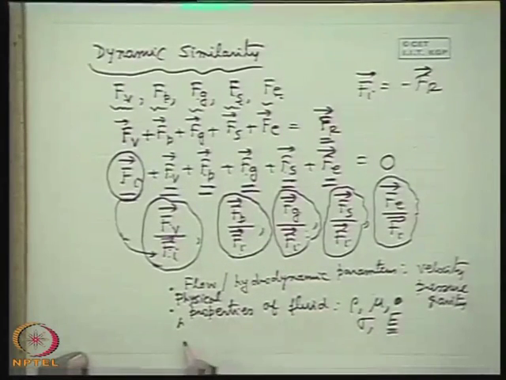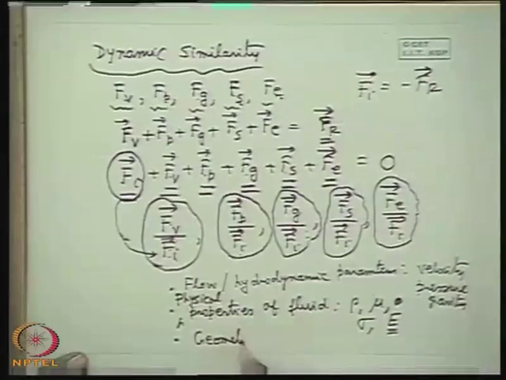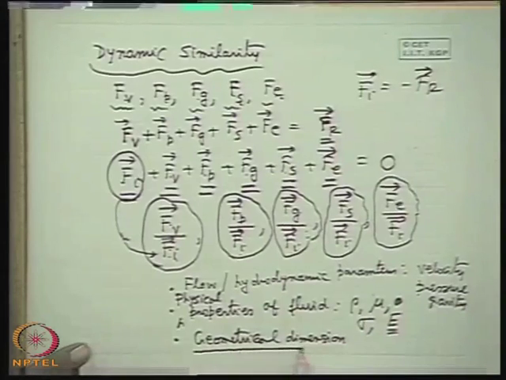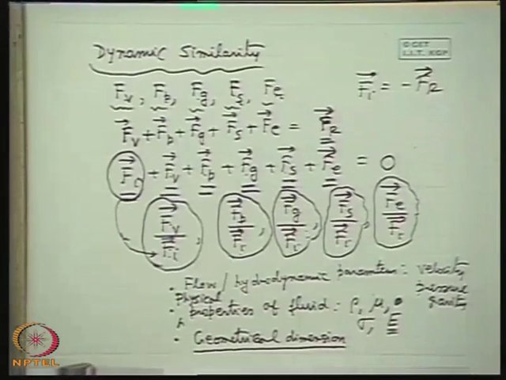So, fluid properties. Another important parameter is the geometry, the geometrical dimensions. Depending upon the shape, the geometrical dimensions: diameter, length, height, that means geometrical dimensions of the object or the duct through which the fluid is flowing.